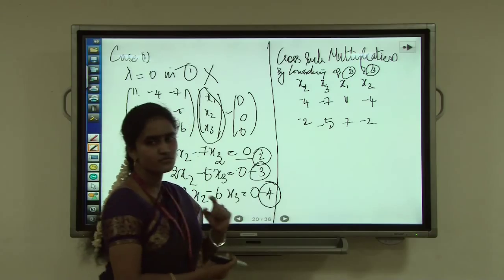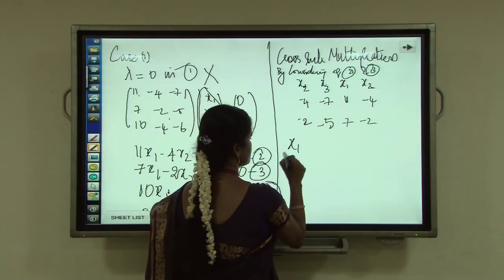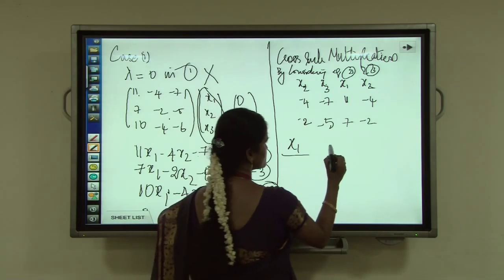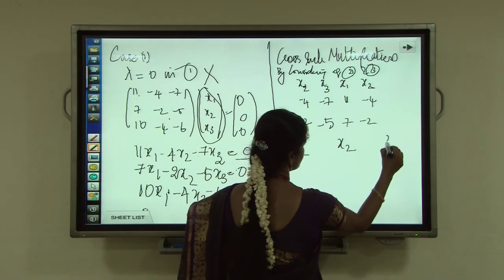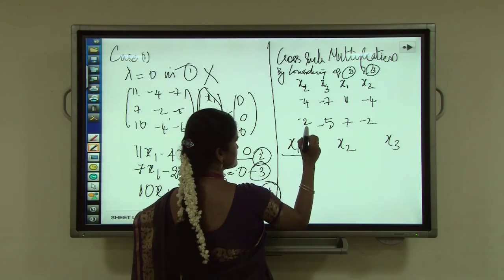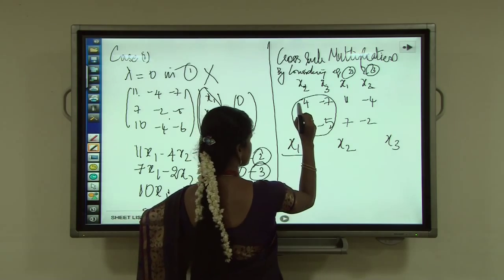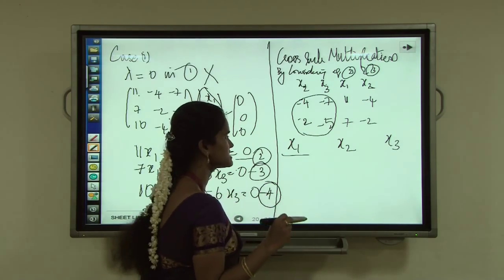If you write it in this form, it will be easy for us to get the values of the variables. So x1, we have x2, x3. Let us circle the determinant of the coefficients of x2, x3 like this, so it will be easy for us to understand.